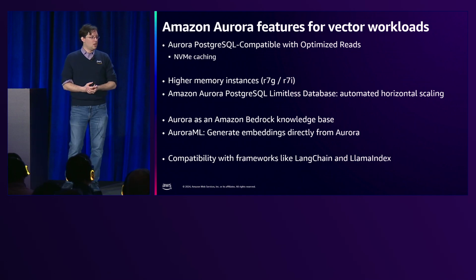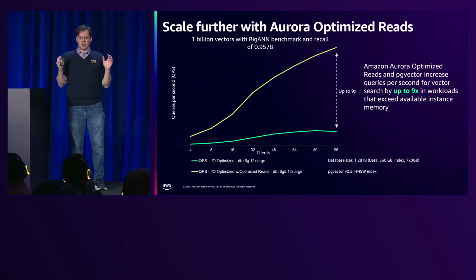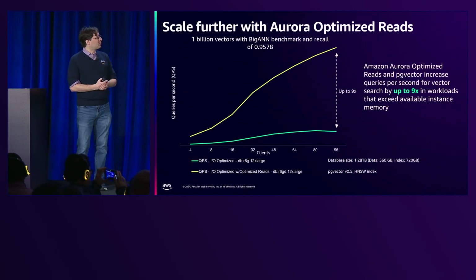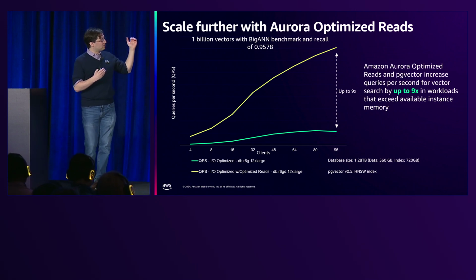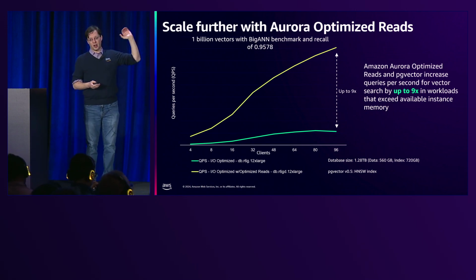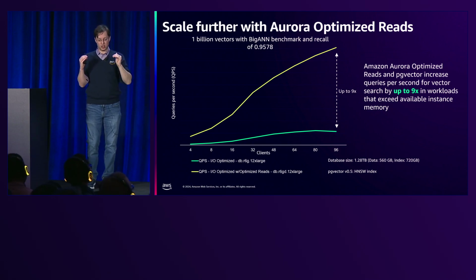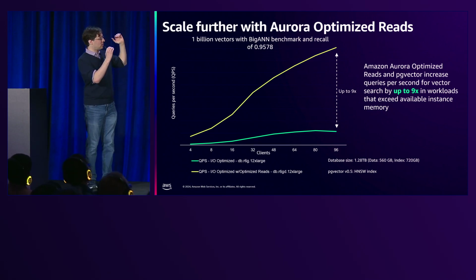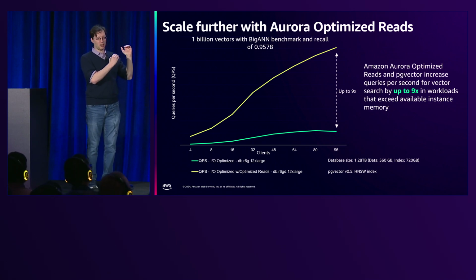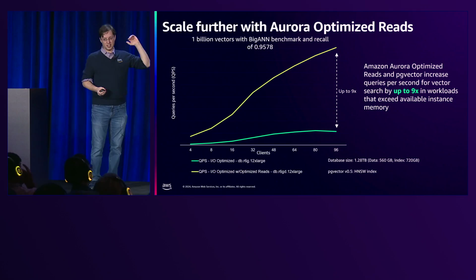So let's make the optimized reads feature more tangible. This is a workload where we had 1 billion vectors, and we were running it on purposely smaller instances to make sure it couldn't fit into memory. We took an Amazon Aurora standard I/O instance and an Amazon Aurora optimized I/O with optimized reads instance, and we kept increasing the concurrency to see which one performed better.